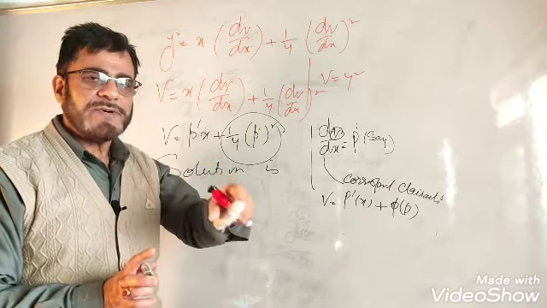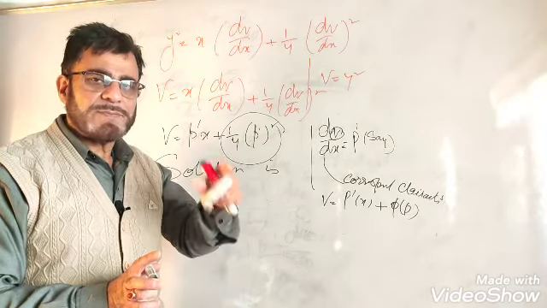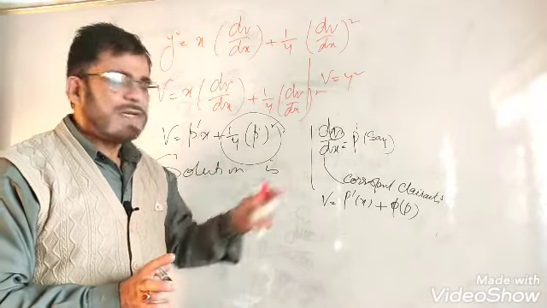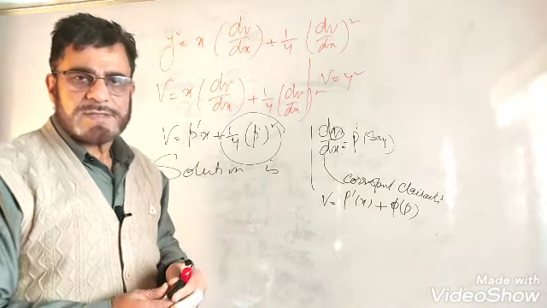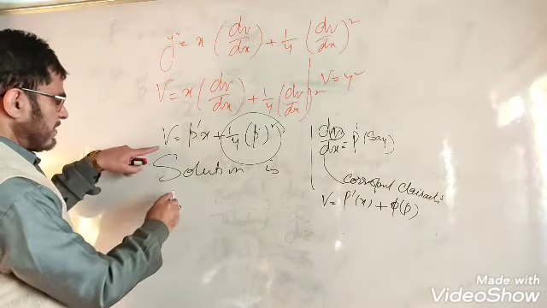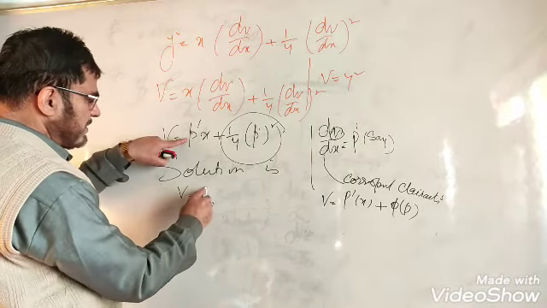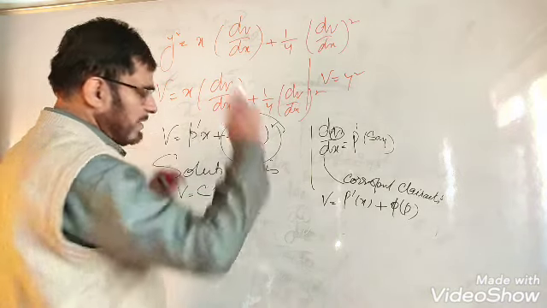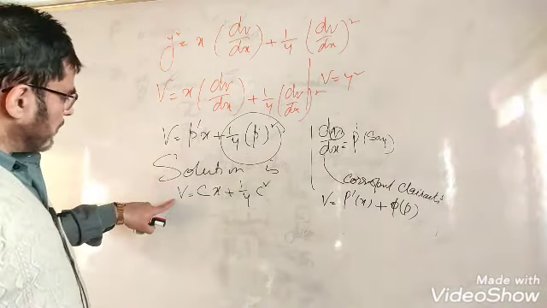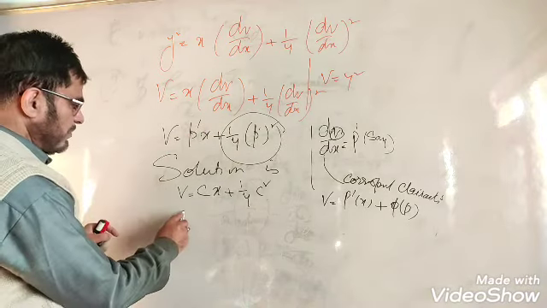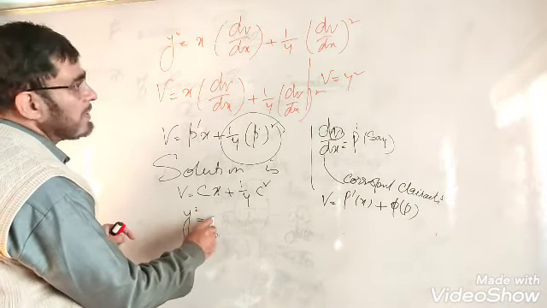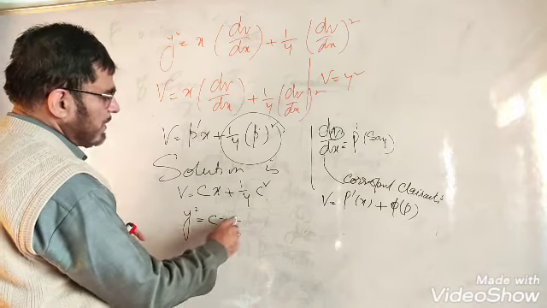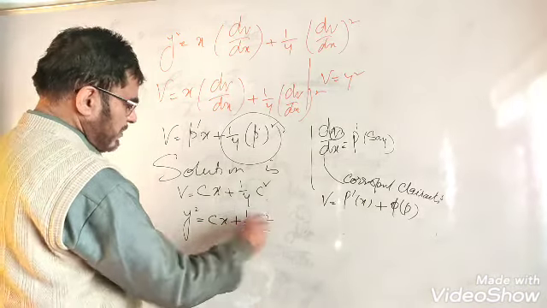What is the solution? We replace p', whatever we denote it by, by an arbitrary constant. So the solution is v = cx + 1/4 c². But v is not our own, v was for substitution. This is y² = cx + 1/4 c².